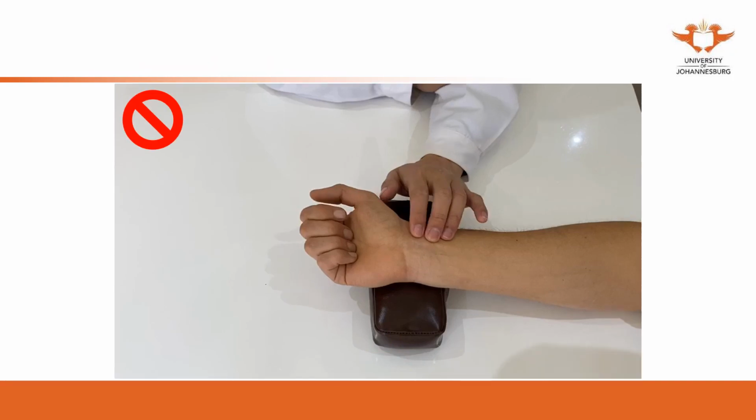This image also shows you some mistakes. Firstly, the small finger should not be raised. The second is the fingernails. Your fingernails should be short. So after taking the pulse, you should not leave any marks on the patient's skin.